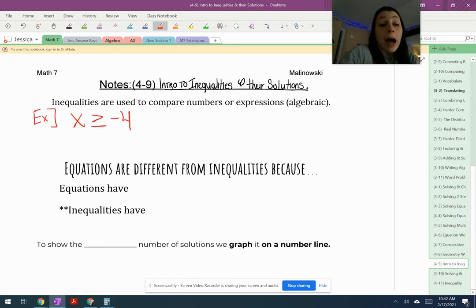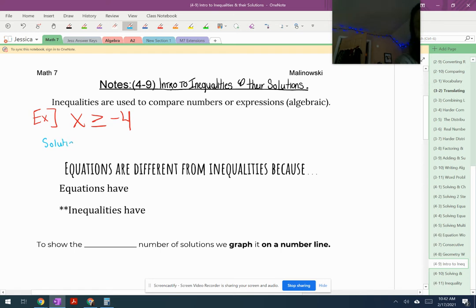So, how many numbers would fit in that inequality? How many numbers could I plug in for x that would make that true? Well, that says that x is greater than or equal to -4. So, solutions for this inequality would be any number that is greater than or equal to -4.